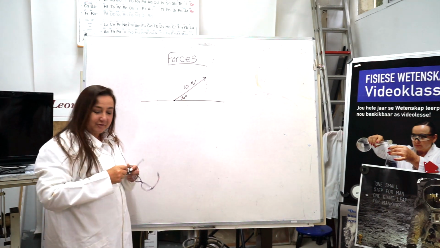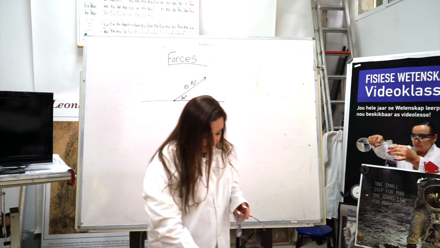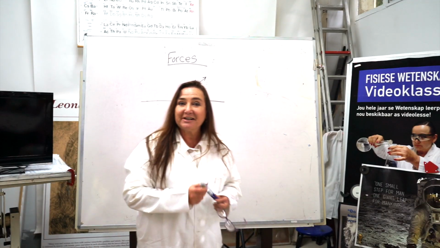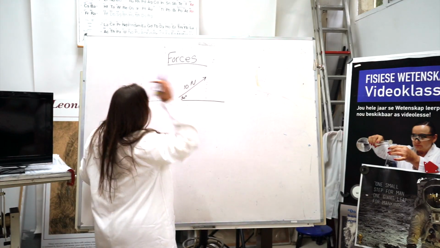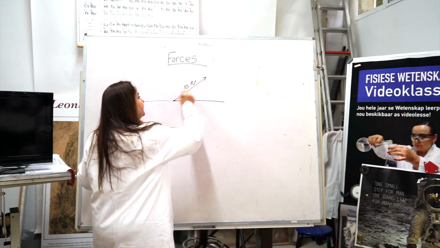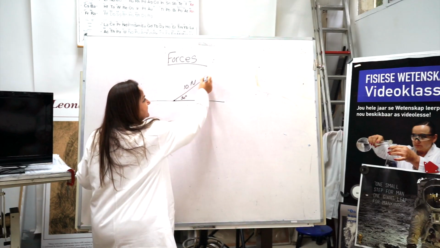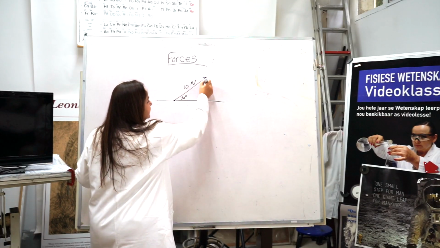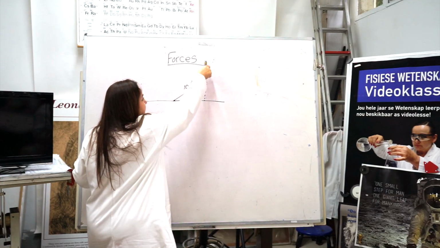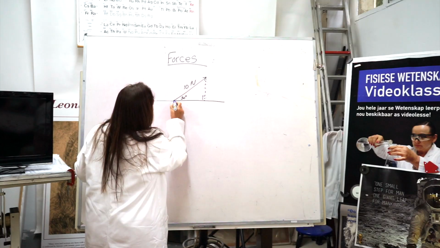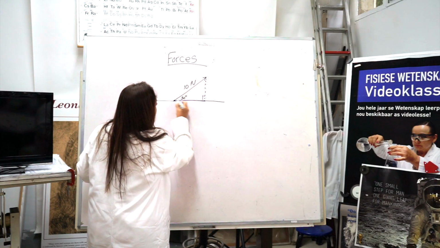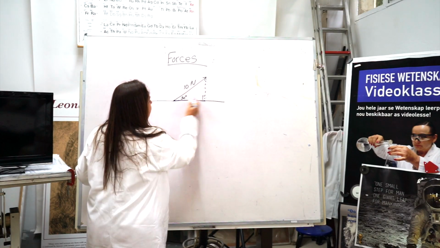Now of course this is all mathematics, so I hope you have done it already at school. If I have to break this single vector down into an x component, I'm going to leave a line down, and I'm just going to draw a 90 degrees to that line.